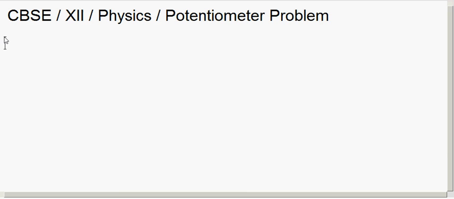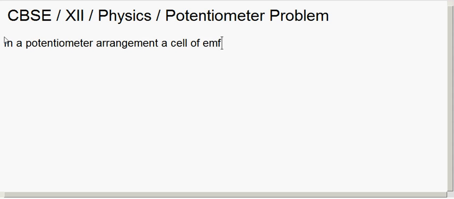In a potentiometer arrangement, a cell of EMF 1.2 volt gives a balance point at 30 centimeter length of the wire.